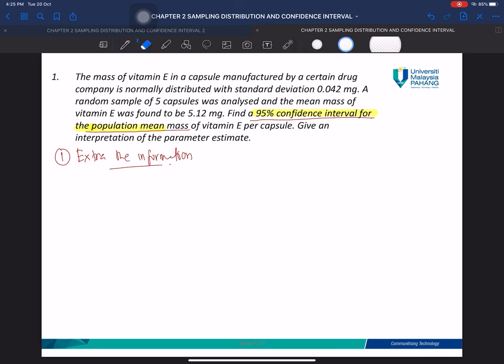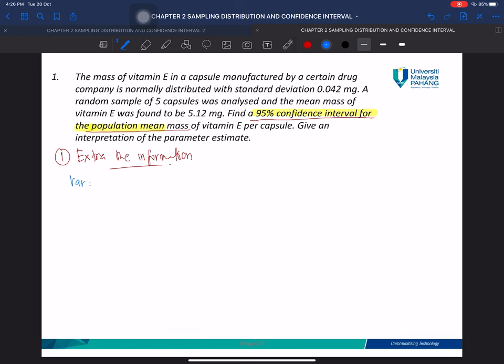First, let me use a different color. What is the variable? How do we identify the variable? A variable is the data that has been collected. What kind of data is being collected here? You can identify it based on the value that we calculate. What is the value that we calculate from? That is your variable.